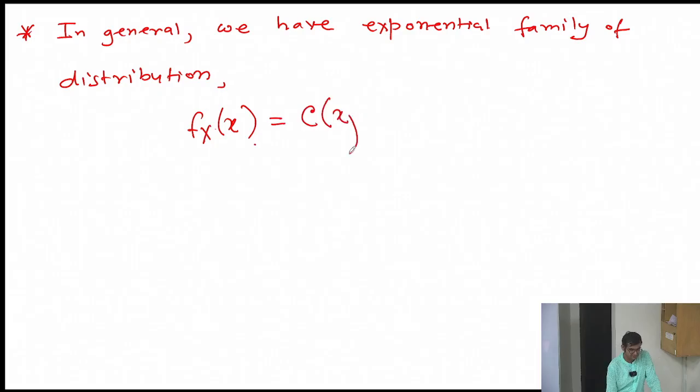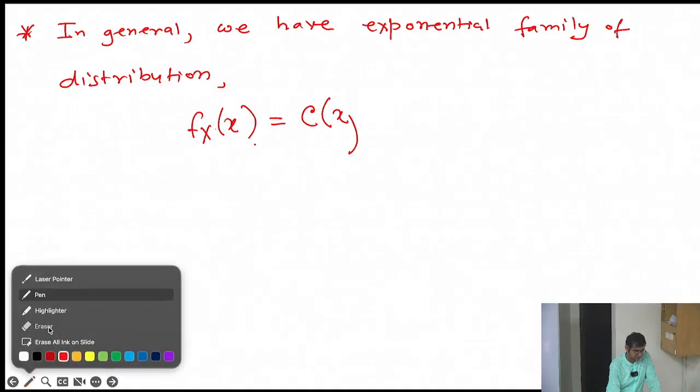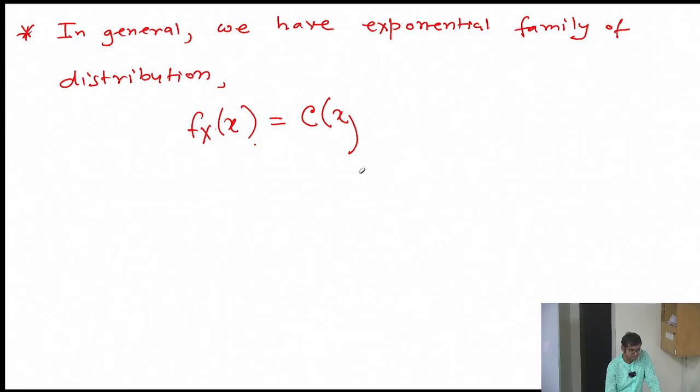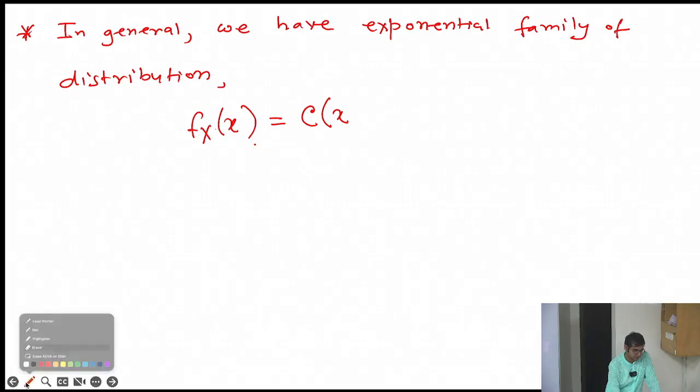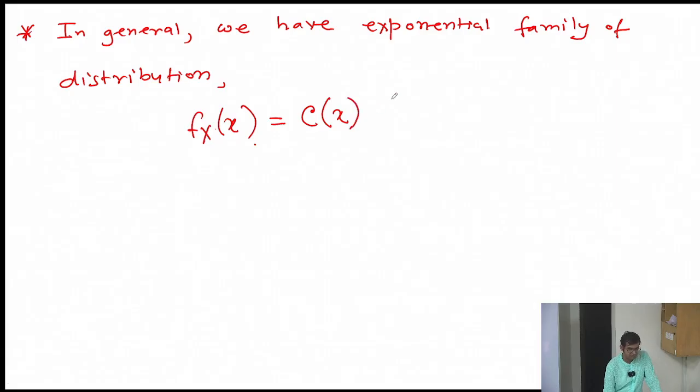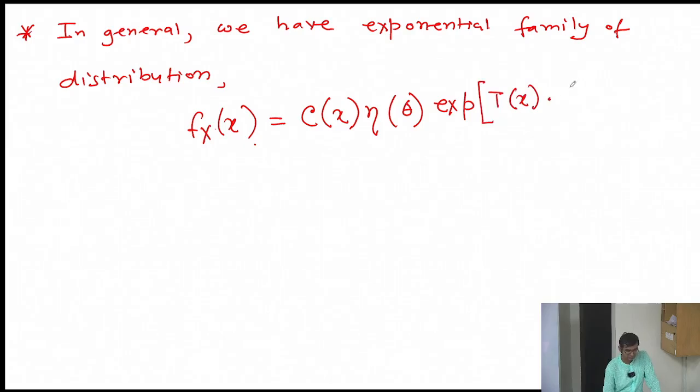c(x), sorry, c(x) times h(theta), exponential of T(x) dot r(theta), or r(x) dot T(theta).